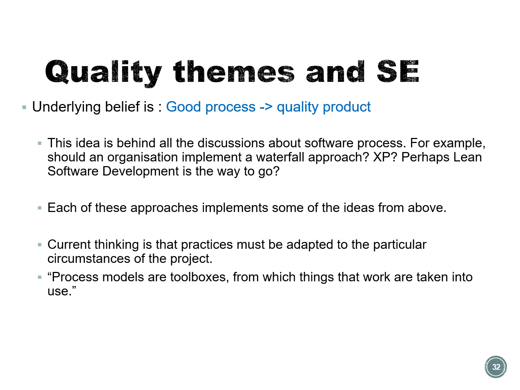Usually, we use process models so that everyone knows what everyone is doing, who is responsible for what, what needs to be done before this product is completed, what we should be doing now, what we should be doing next, and so on and so on.